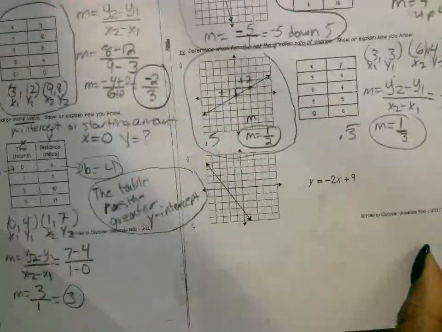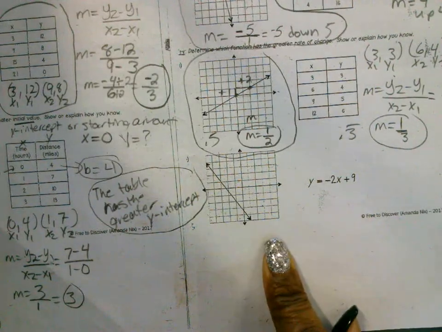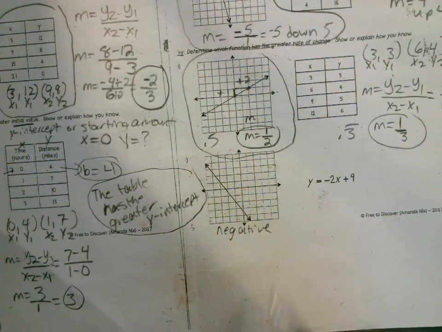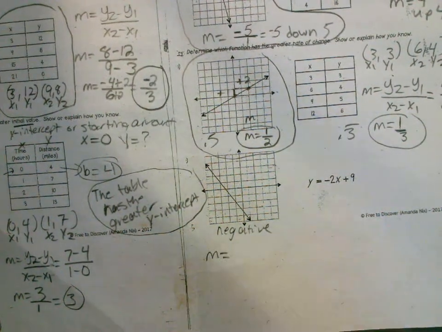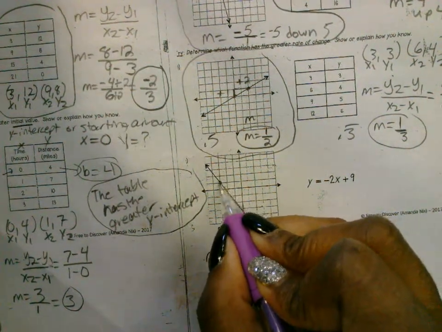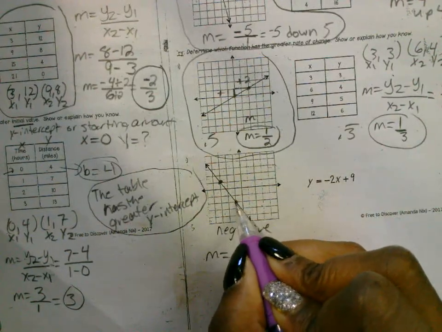All right. The slope again. What kind of slope is this graph right here? A negative. This is negative slope. So we're going to do rise over run. Pick 2 good points. I'm going to choose this point right here because I can read that ordered pair. And I'm going to choose this point right here because I can read that ordered pair.